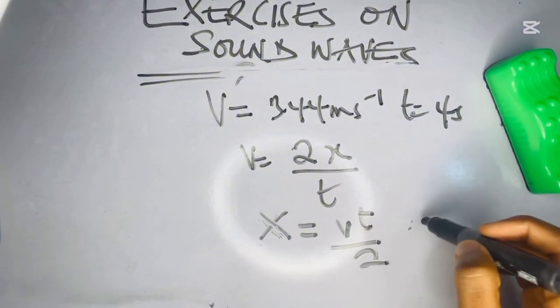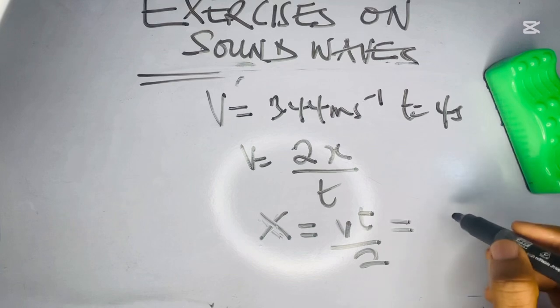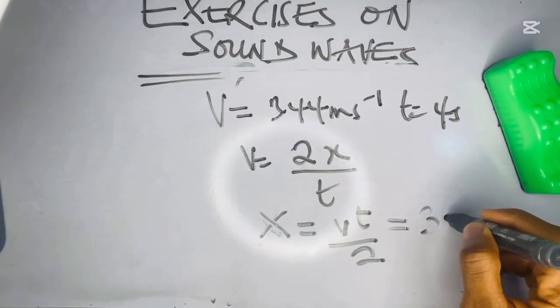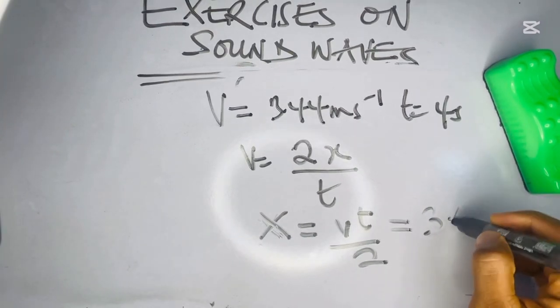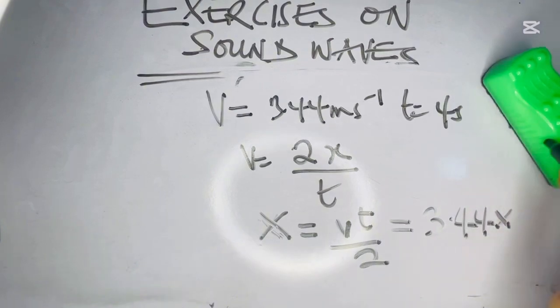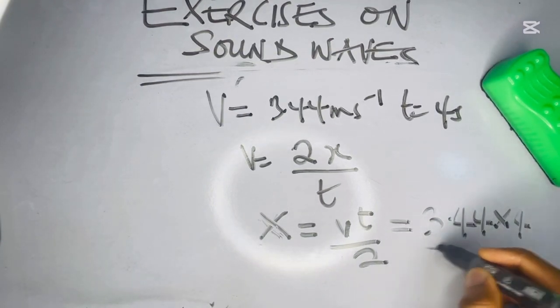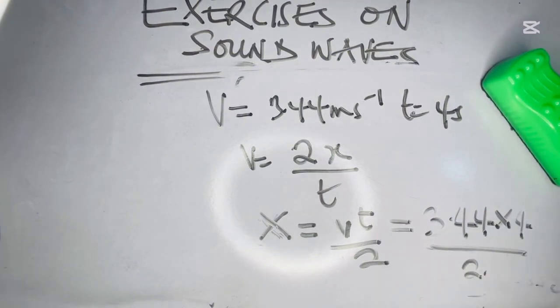So our V is 3.44 times the time, which is 4 seconds, all divided by 2.